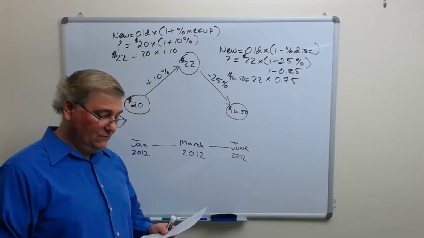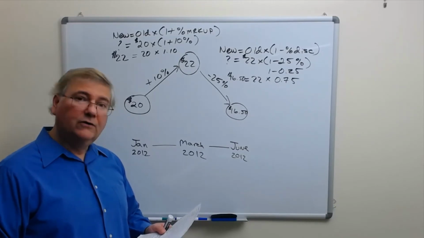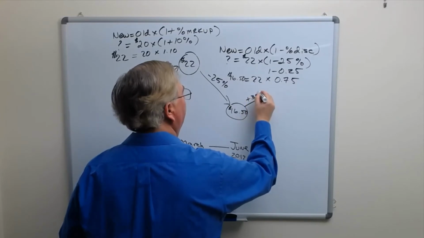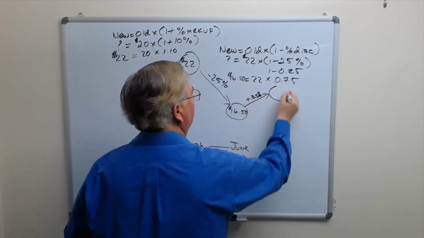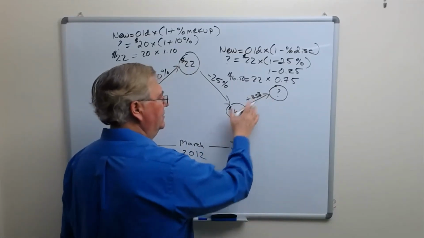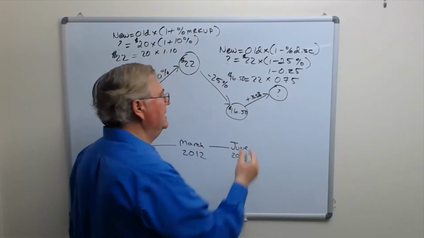Next, the stock price rises 35% during Q3, or the third quarter. Let's draw the diagram. It goes up 35% to a new price. And this is going to be the markup formula again, because we're moving higher in price to an unknown new price.